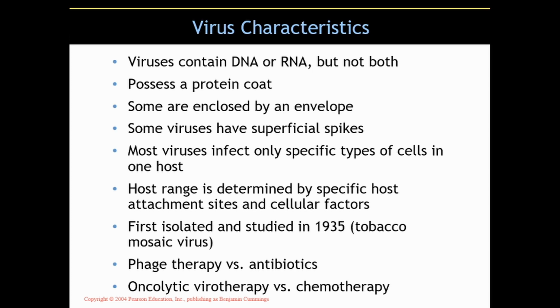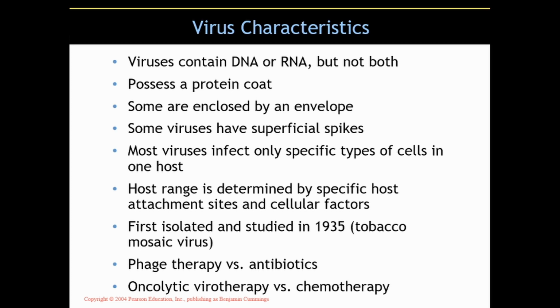All vertebrates, going from birds to mammals, but it was able to do that through what's called antigenic shift and antigenic drift, or genetic shift, genetic drift. We'll talk about that later in this chapter. Host range is determined by specific host attachment sites, and that's the key.